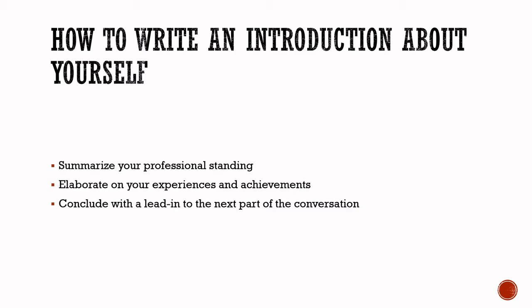So these are the steps that will help you write an effective self-introduction. First, summarizing your professional standing. The first sentence of your self-introduction should include your name and job title or your experience. If you're unemployed and seeking a job, which you might be as a fresher, you might mention your educational degree, certification level, or current place in your job search.